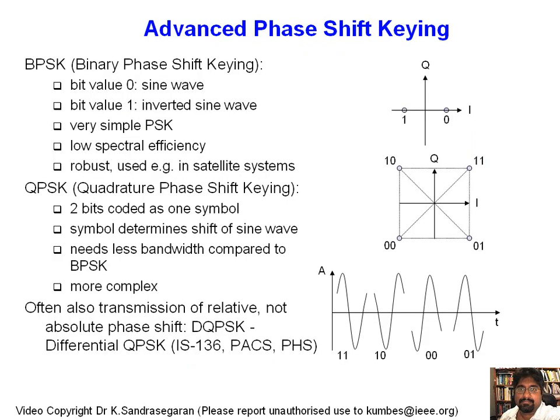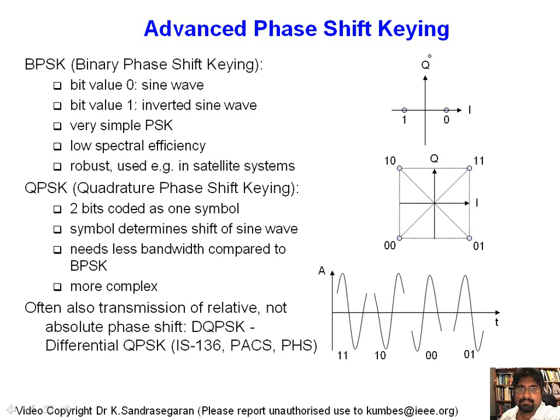You can go further in phase shift keying. The one we looked at was binary phase shift keying. So again here this is the phasor domain. Now remember earlier we talked about the amplitude domain, the frequency domain, and the phase domain.